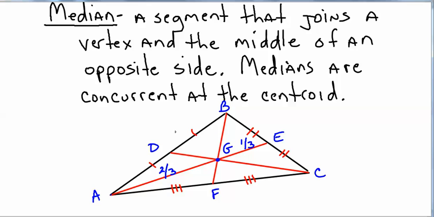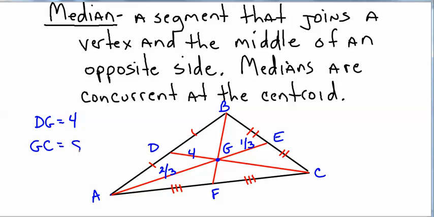So if DG equals 4, the shorter portion of the median is half of the bigger portion, isn't it? 1/3 is half of 2/3. So if D to G is 4, what is G to C? 8.